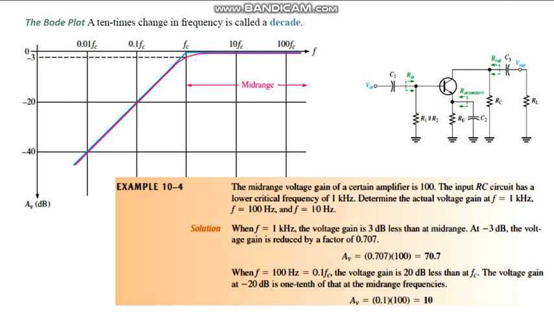Last time we proved that at the critical frequency, the voltage gain is reduced by minus 3 dB. Mathematically we proved that minus 3 dBs. And in the previous slide we just proved that if you further decrease the frequency to 0.1 Fc, we get a decrease of 20 dBs in the voltage gain, this is AV.